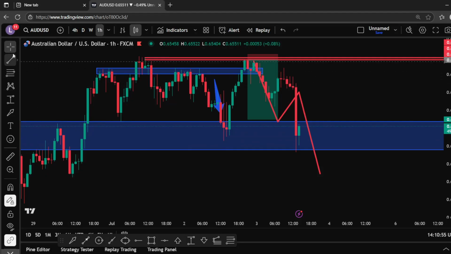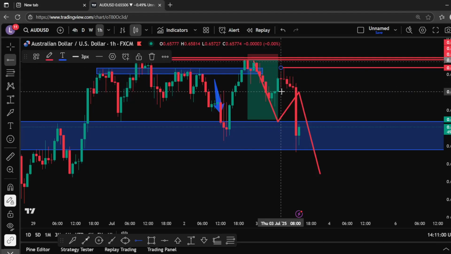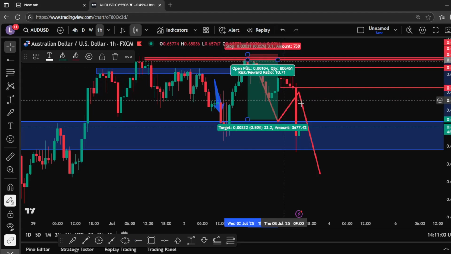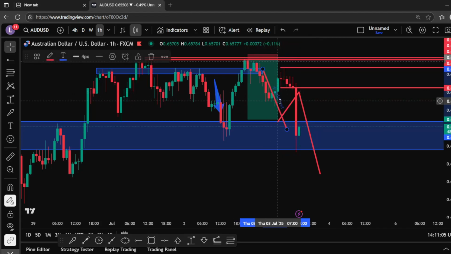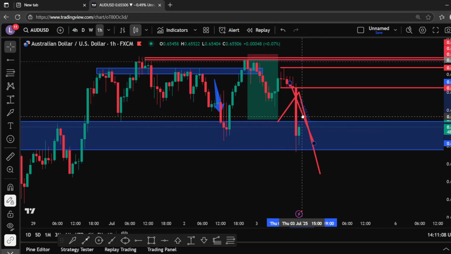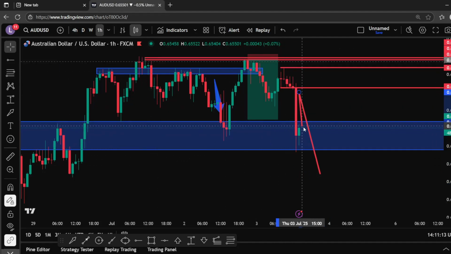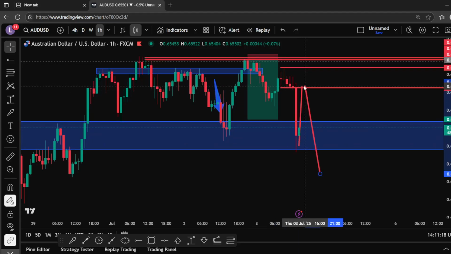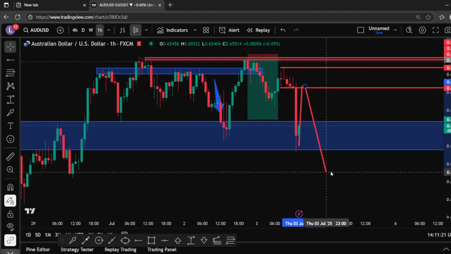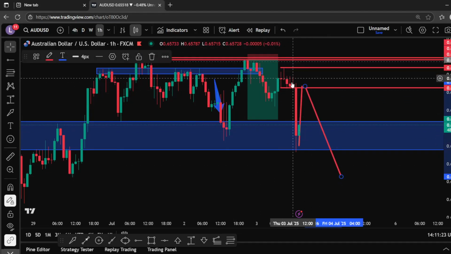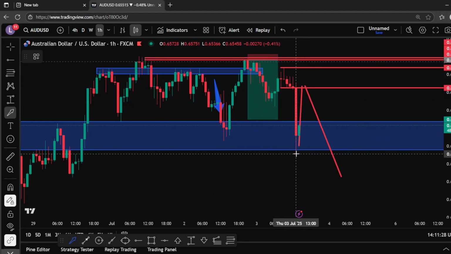So all you need to do is wait for a pullback to this supply zone, and then you look to take a sell trade. So this is where I will look to take a sell if we manage to get a pullback into the supply zone. Then I'll go short.